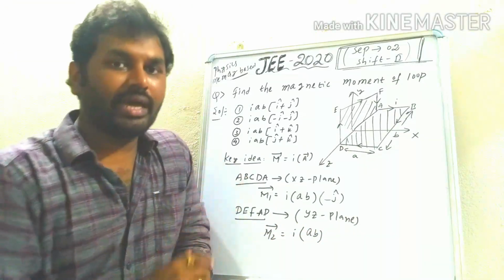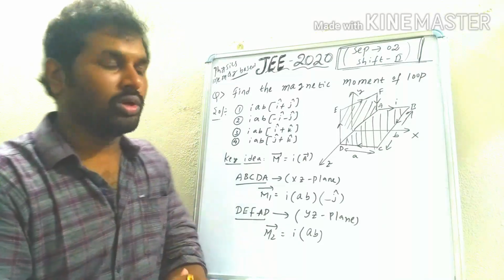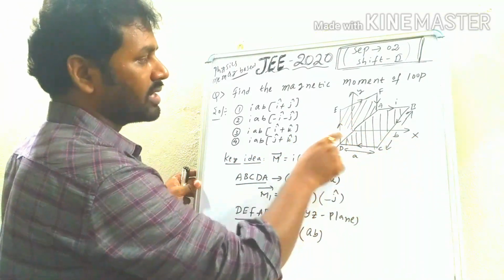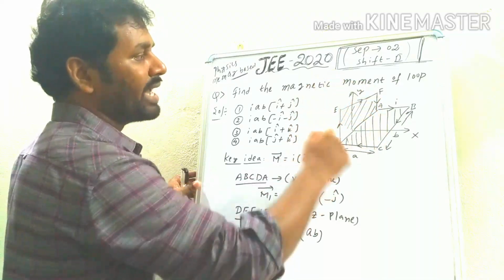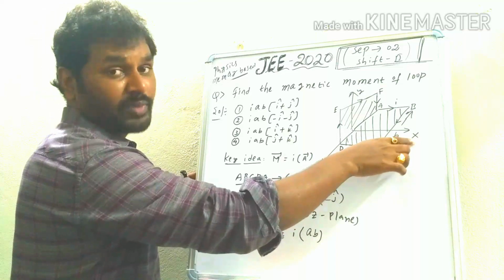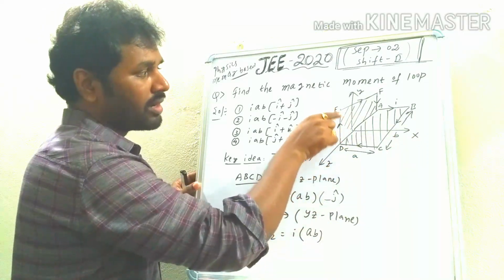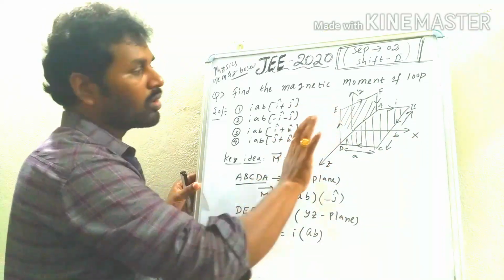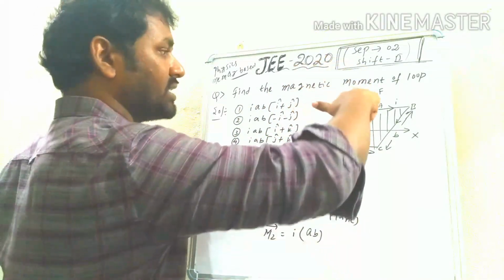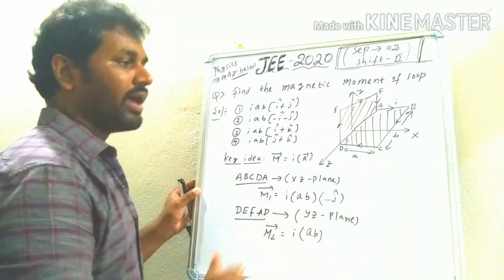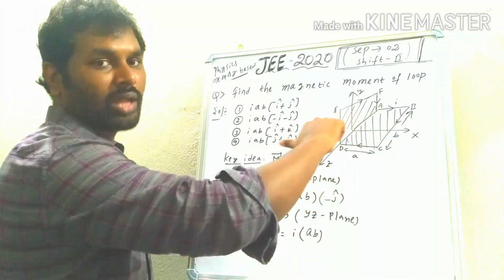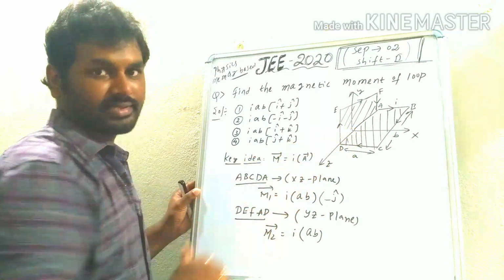And to give the direction, again apply the same rule. If you look from the x-axis, the current in this loop is moving again in a clockwise direction, you can see. If it is a clockwise direction with respect to the x-axis, you will get the thumb acting along the negative x-axis.